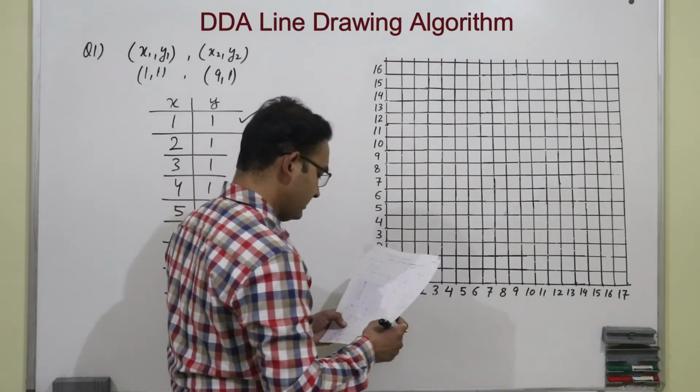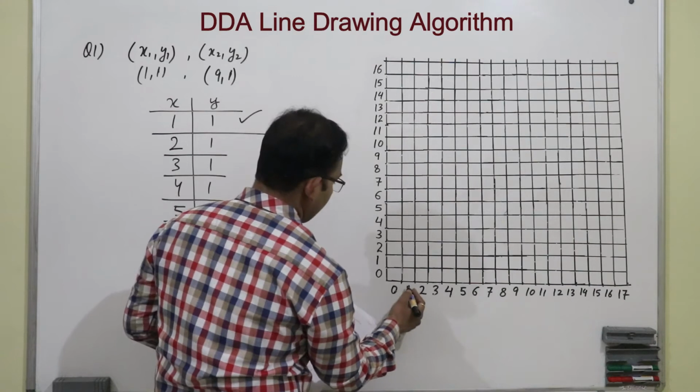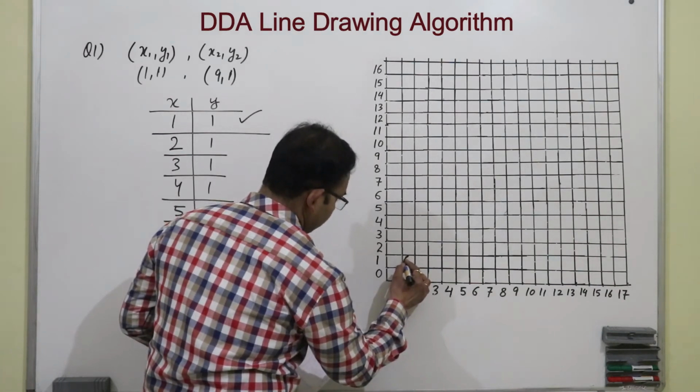So, first is 1, 1, this pixel will be selected.